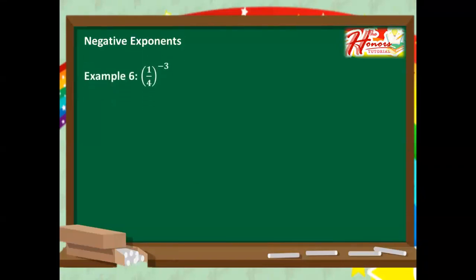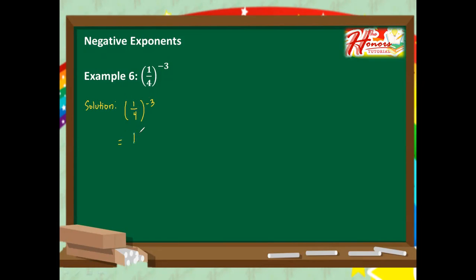Example 6, we have here 1/4 raised to negative 3. This is what we are going to do for this example. Let's copy the given first. So that is 1/4 raised to negative 3. So let's distribute negative 3 to the numerator and denominator.